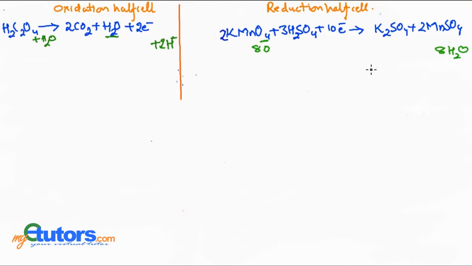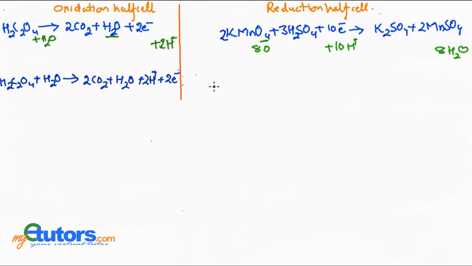It is important to understand that it is not the case that hydrogen ions are only added to the reactant side and water molecules only to the product side. It can be either way. It all depends upon the requirement of the reaction or the half cell. If the requirement is that water molecules are to be added on the reactant side and H plus ions on the product side, then it is also possible. Similarly, vice versa is also possible.